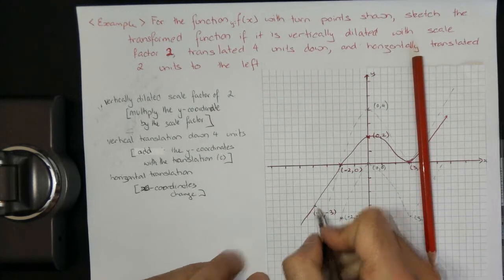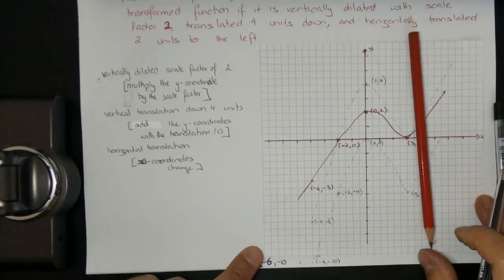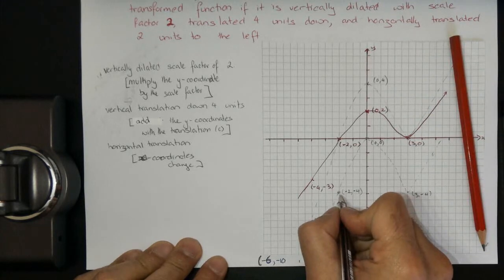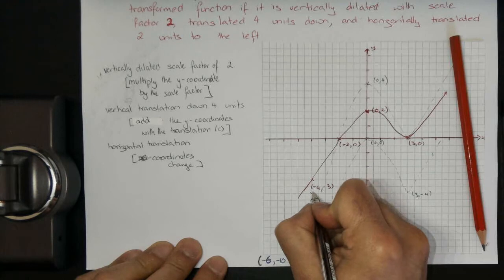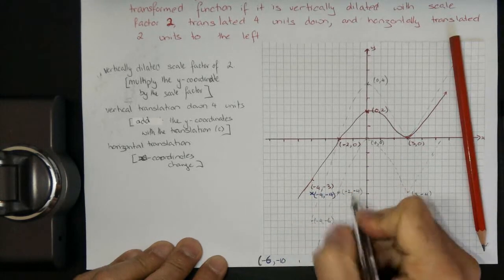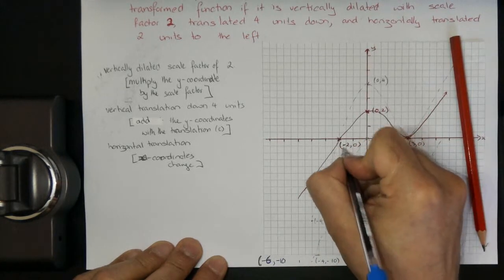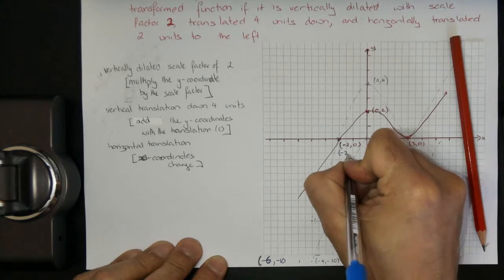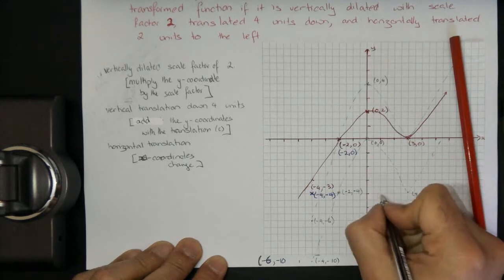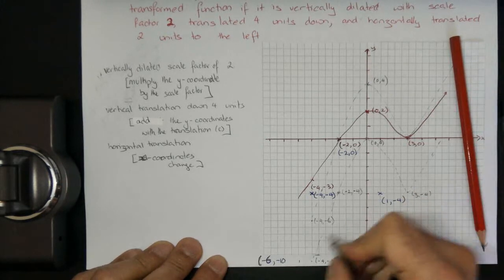Okay, so this point ended up becoming (-6, -10). This is going to go to (-4, -4). This point's going to go to (-2, 0). This is going to go to (1, -4).